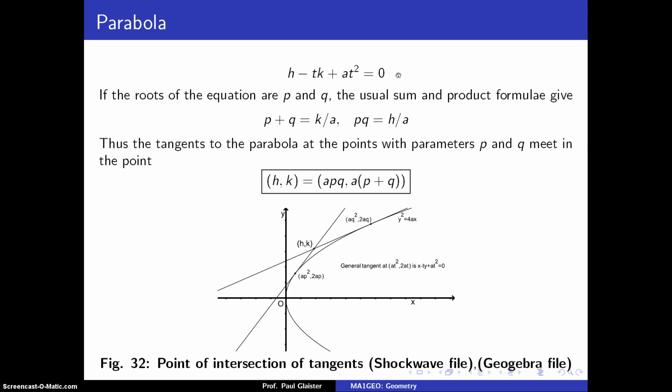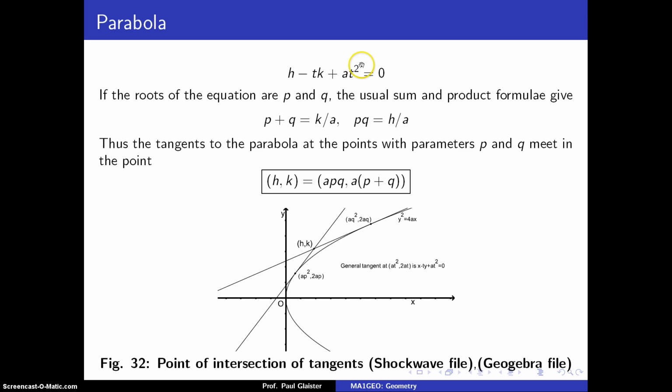Now we know that the sum of the roots, which will be p plus q, is minus the coefficient of the linear term, so that will be plus k, divided by the coefficient of t squared.